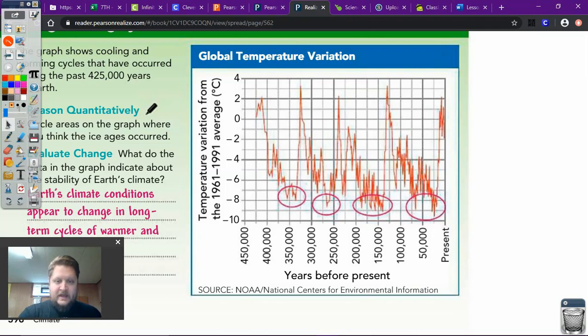And if we look here and here, pretty close. We also saw these huge dips afterwards, dropping down. These circles right here would indicate areas in which we would be considered in an ice age.